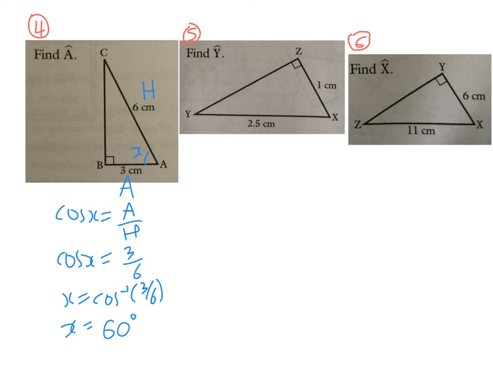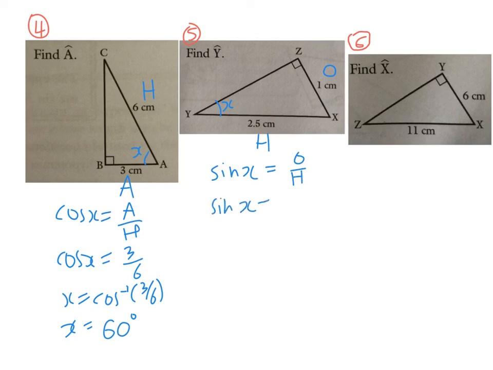Number 5, we have to find y. So that's this one here. So we have to mark on the angle, and then we label the sides. Now be careful with this one. This isn't the longest side because it's not opposite the right angle. Opposite the right angle is here. So that's the hypotenuse. And this one is opposite the angle, so it's O. O and H is sine. Sine x is opposite divided by hypotenuse.